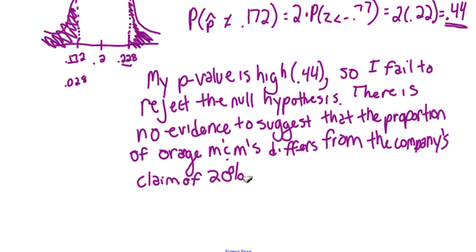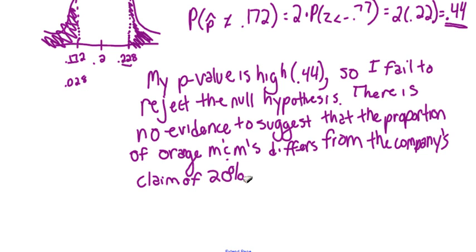So this is saying there's a 44% chance that I would get a sample like I did, given that there's 20% orange M&Ms. That's very likely to happen, so I'm okay with their claim. I have no problem with it. Unless it states otherwise, if the p-value is less than 5%, we reject the null hypothesis.